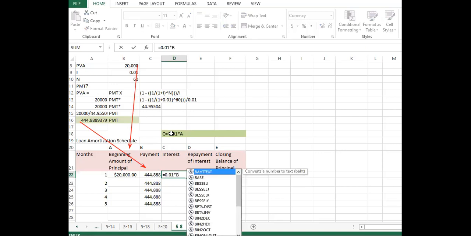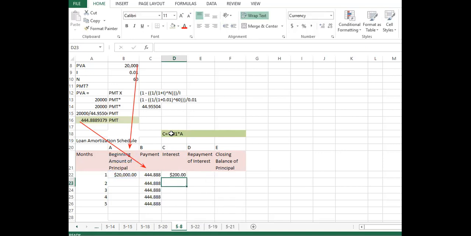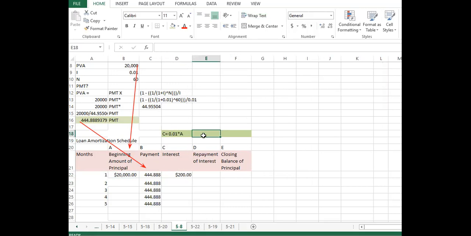This is $200, your interest. And how can you calculate column D, that is repayment of principal? Simply deduct the amount of interest from the total payment, that is P minus C.